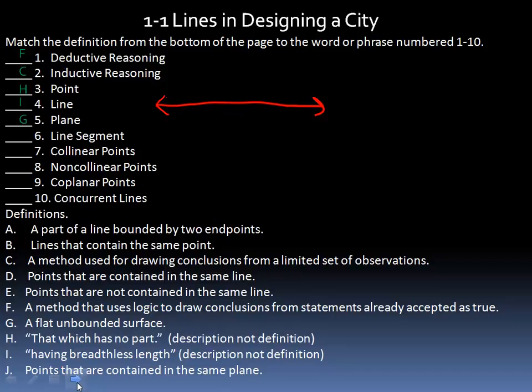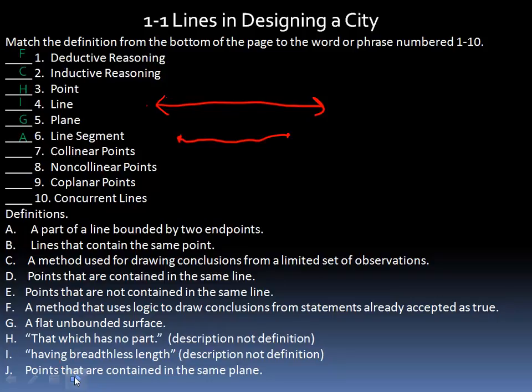So that's a plane, a flat unbounded surface. Line segment obviously is part of a line. And the difference is it's bounded by two endpoints. Sorry about my bad line segment there. But that's okay. So which one is that? That was the first definition there, a part of a line bounded by two endpoints.